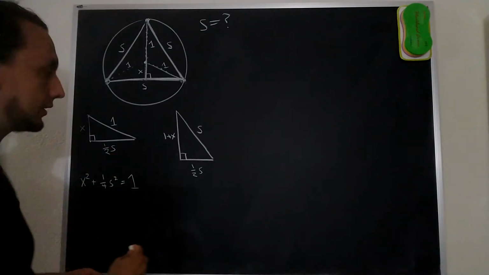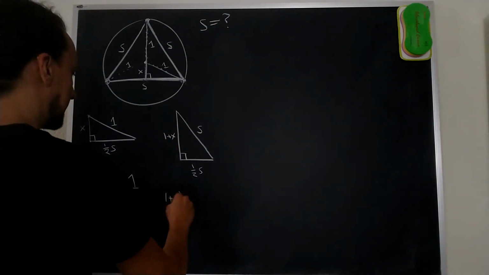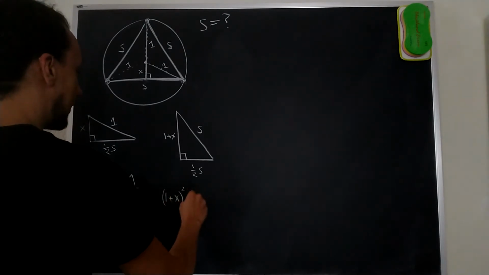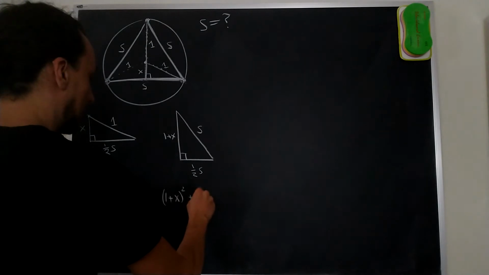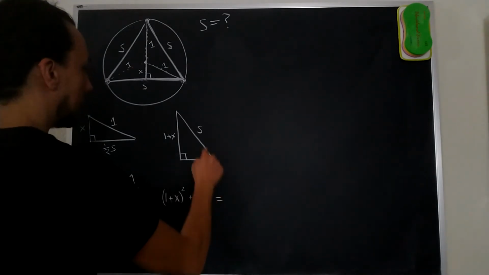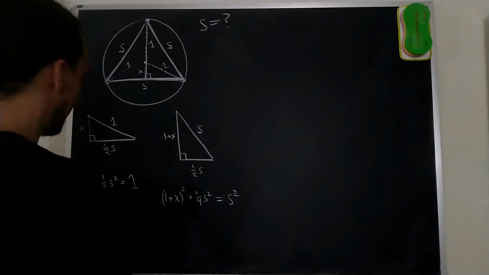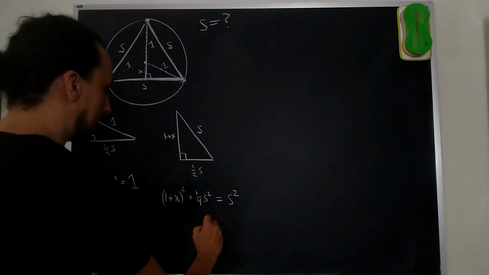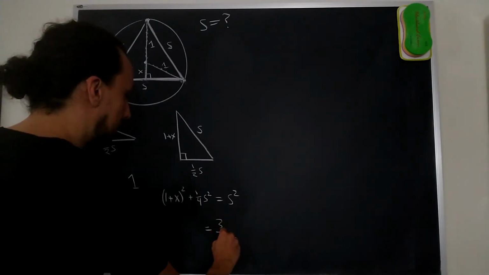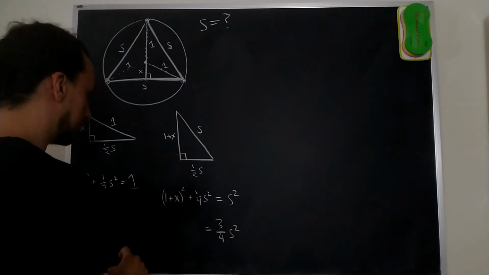Now again, the Pythagorean theorem gives me (1 plus x) squared plus this squared, which is 1/4 s squared, equals hypotenuse squared, which is s squared. And if I rearrange, I can subtract 1/4 s squared from both sides and get 3/4 s squared on this side.